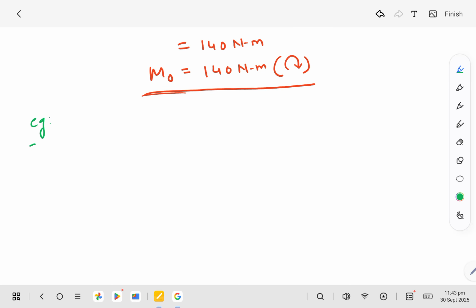So now consider one example. We have the ground, and then one rod is fixed here.